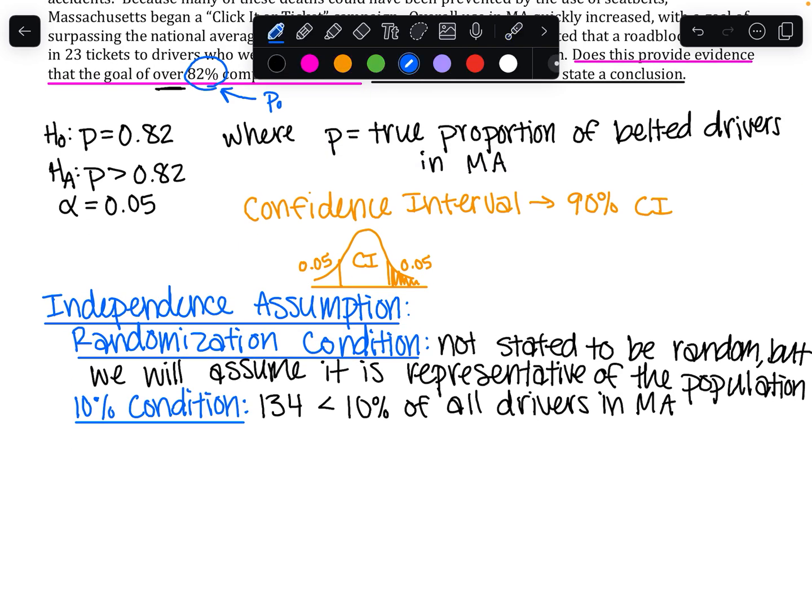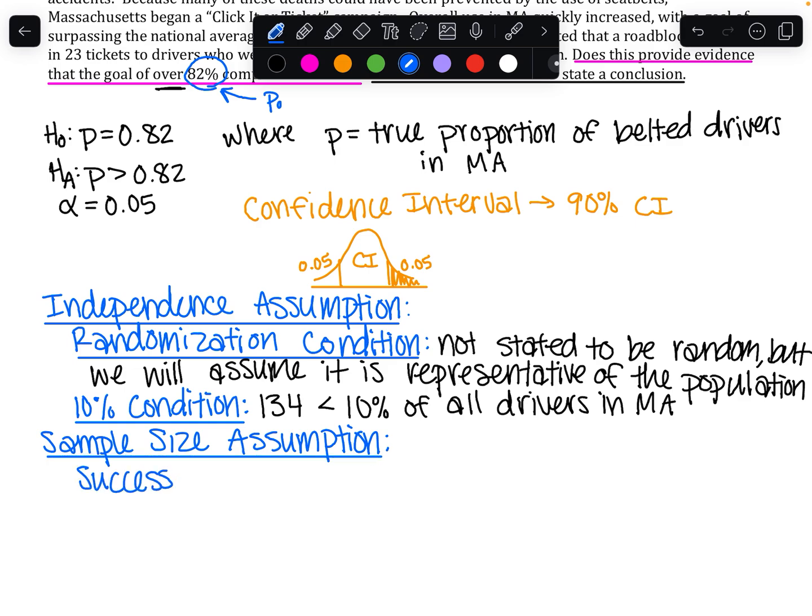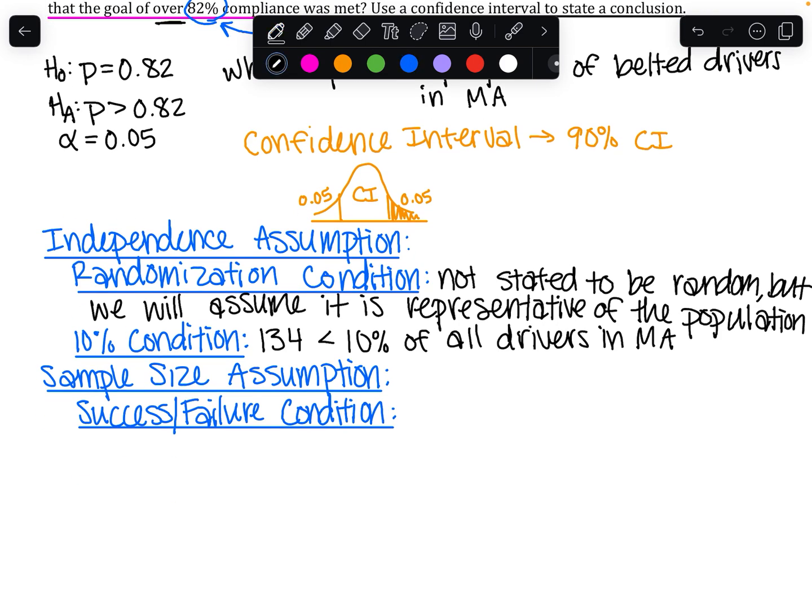Sample size assumption. What condition do we check here for the sample size assumption? We're going to check success/failure, but be careful. We need to check the right one. We're making a confidence interval. Am I going to use p naught to check this? No, I'm checking p hat. n p hat equals 134 times... Oh, wait.